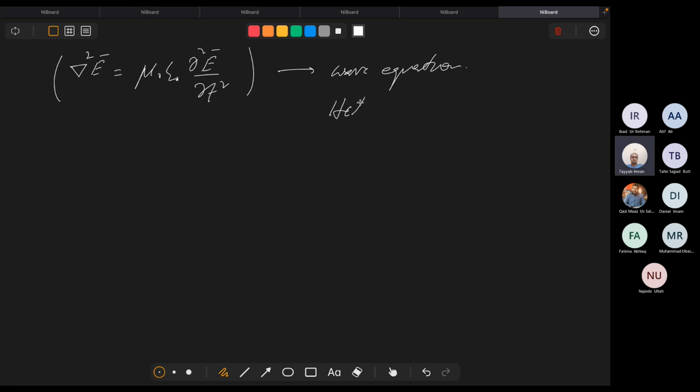So Helmholtz equation. Okay, so one equation we have here now, which is called the wave equation. And this one we started with, like, using the equation.